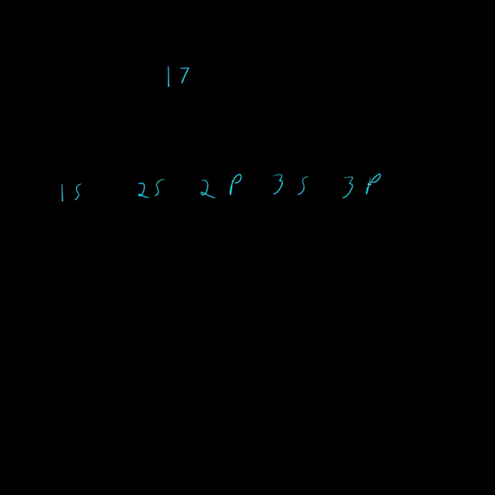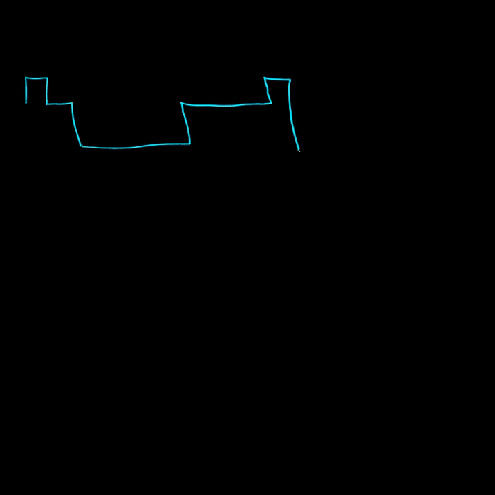Yeah, so I think if we take a look at the periodic table, you have this section here that goes over, down, over, up. Then we have something that looks like this.